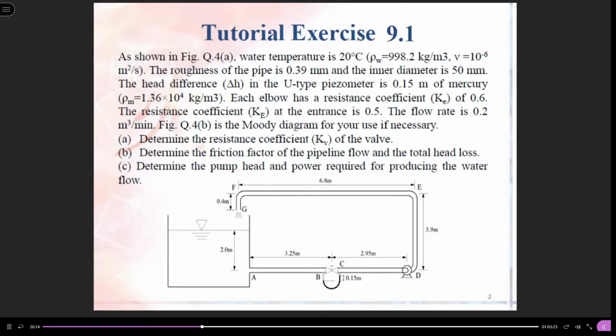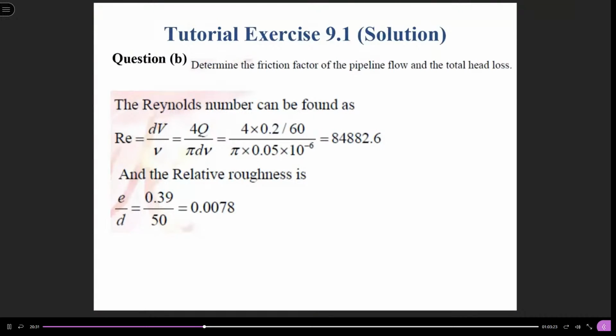The roughness here, and the inner diameter has also been given. So the relative roughness can be determined.